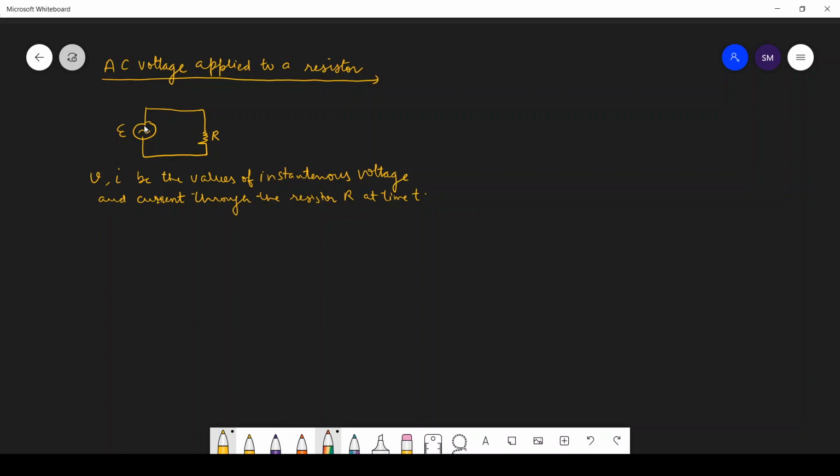As in AC we have the variable voltage, so current and voltage both vary, so at a particular time t let V and I be the values of the voltage and the current. So these are the assumptions.